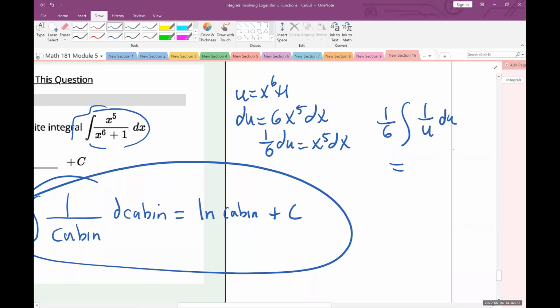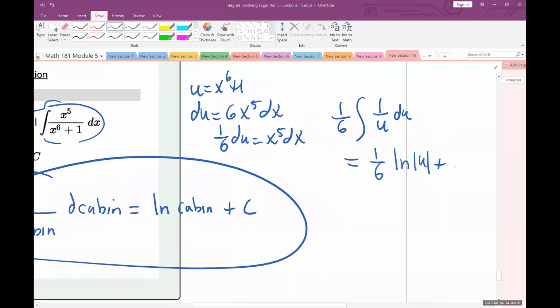And what would that be? It's going to be 1 over u. It's 1/6. So 1/6 times the natural log absolute value of u. Plus c. And our u is what? x to the 6 plus 1.